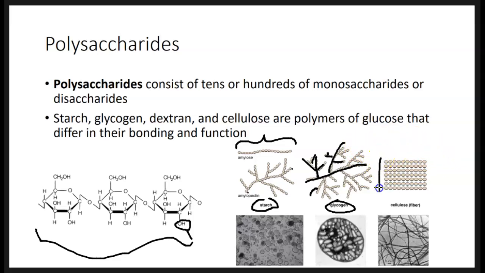Cellulose is the most bonded and the most complex molecule. Right? We don't have just chains of glucose joined together by covalent bonds that look like this. Each one of those glucose monomers also has an additional covalent bond to form this row and lattice. Right? So cellulose is more commonly referred to as fiber.